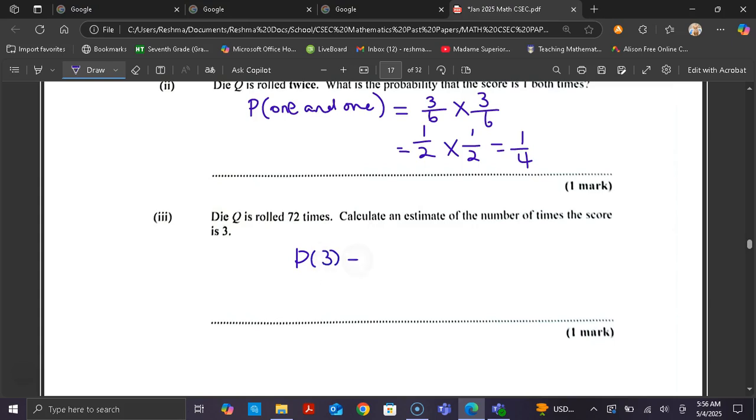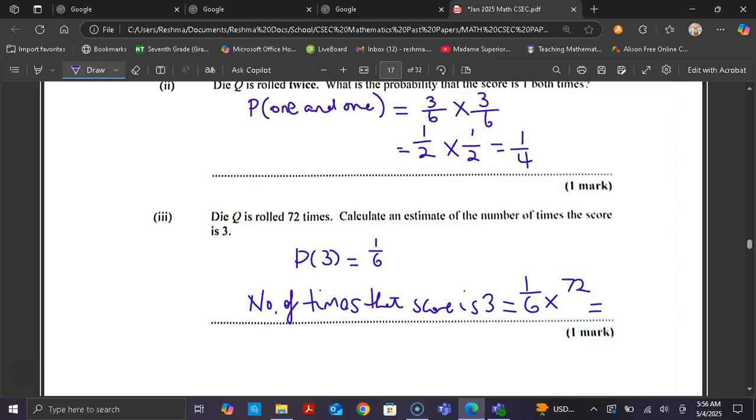And if the die is rolled 72 times, then the expected number of times that the score is 3, we multiply the probability that we get a 3 times the number of times that we roll the die. So it will be 1/6 of 72, which is 12.